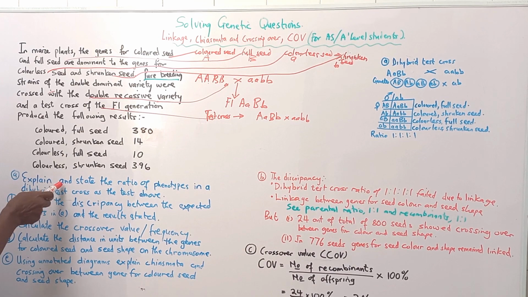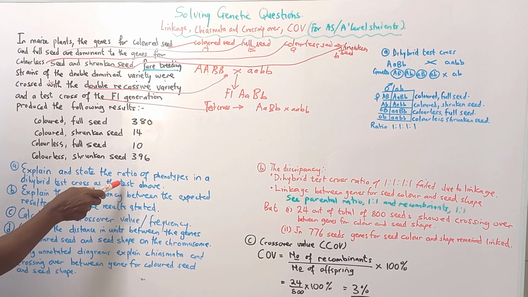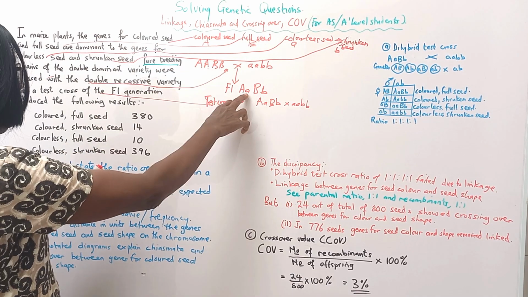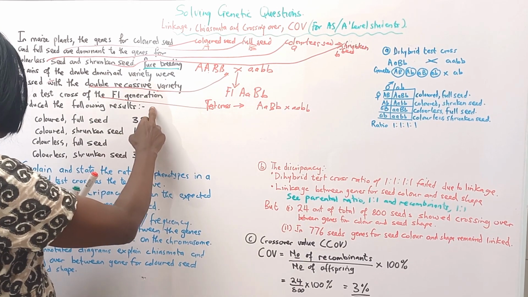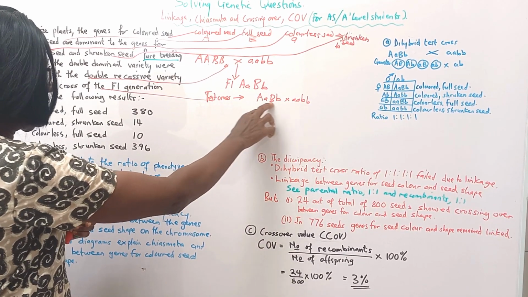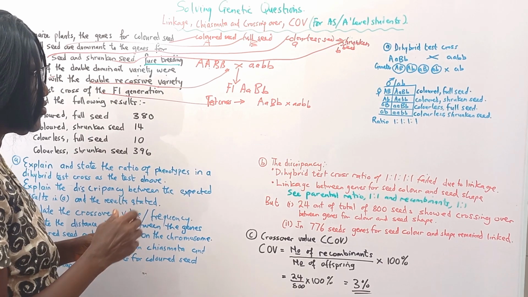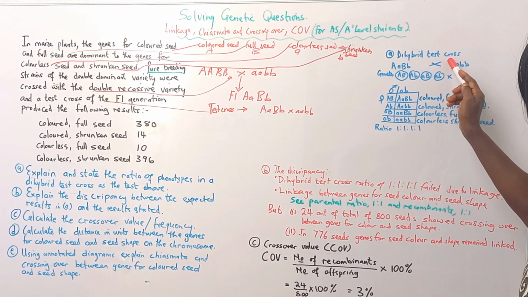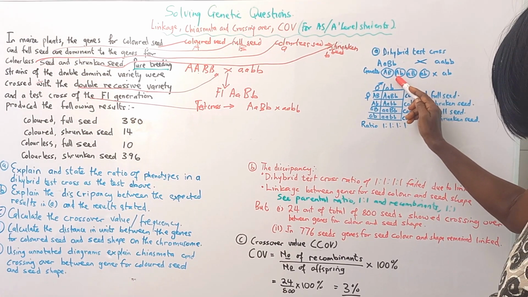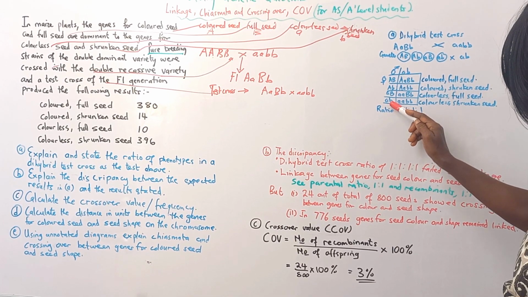Question A says, explain and state the ratio of phenotypes in a dihybrid test cross as the test above. If these two genes are a dihybrid with no linkage, and a test cross of this nature is done, we should have the ratio 1:1:1:1. We write out the gametes, put the male gametes here in a Punnett square and the female gametes here.